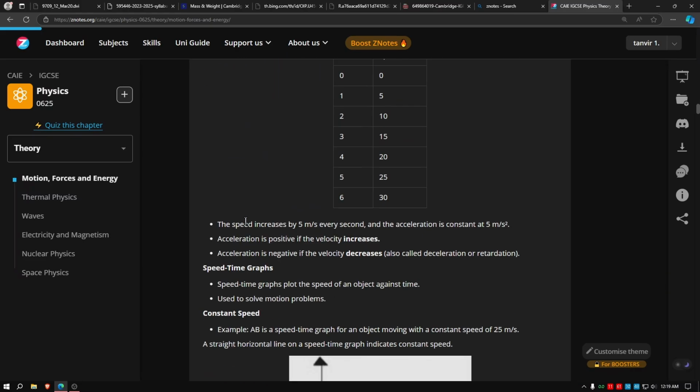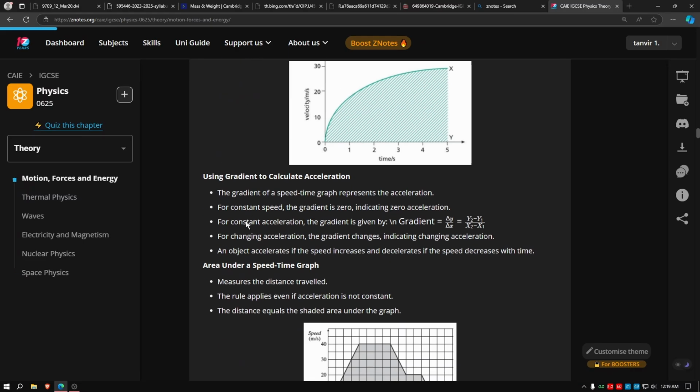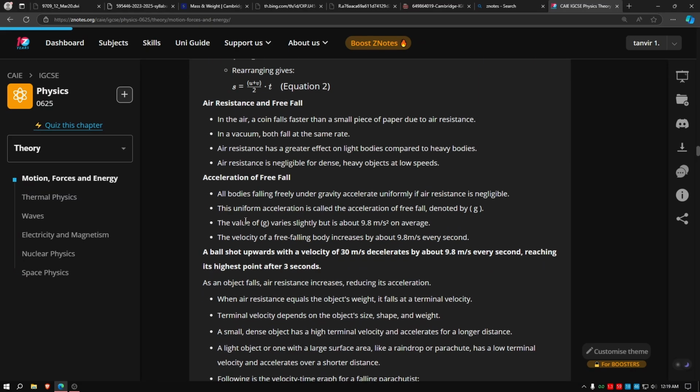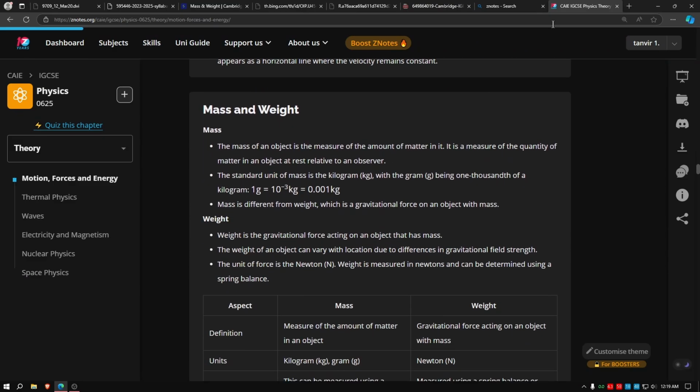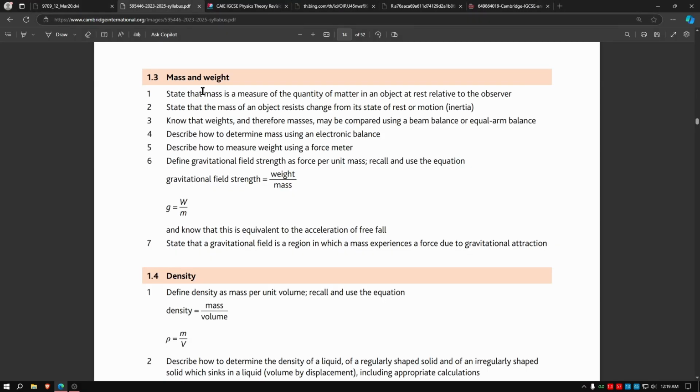Let's scroll down a bit. Okay, mass and weight. We found this. Let's take it over here. Let's close this, close that, and we're done. Sorry for the flashbang.